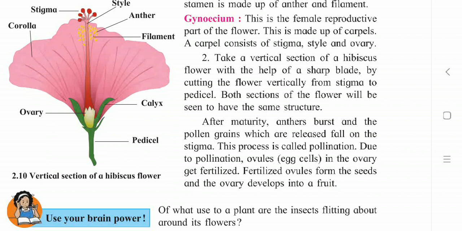This is a hard stage, student. When this ovary gets fertilized because of the male reproductive part, that is androecium, this ovary is fertilized and that's why seeds and development of fruit start in the plant.